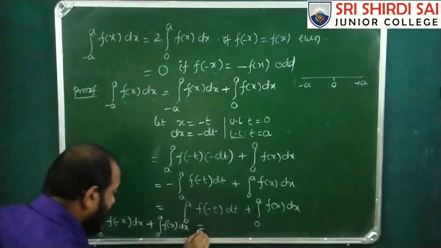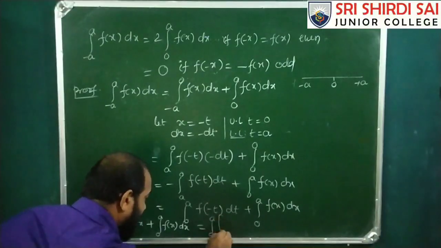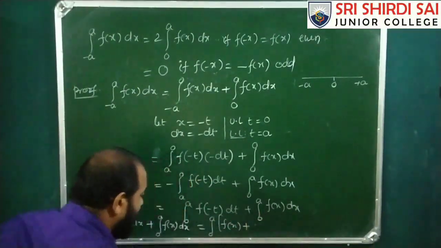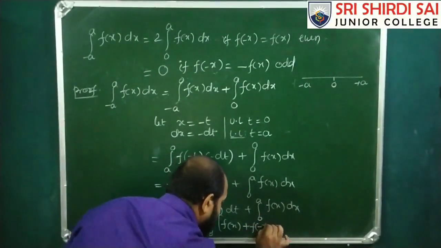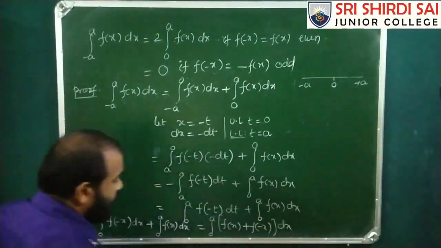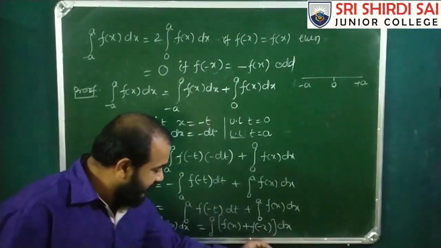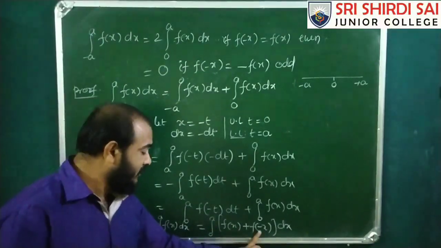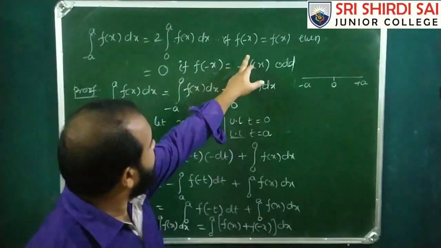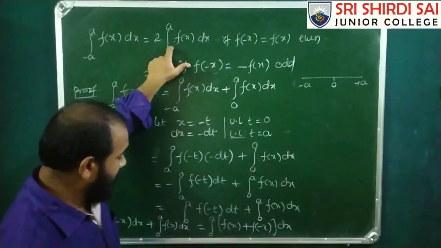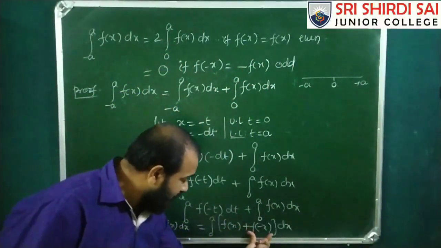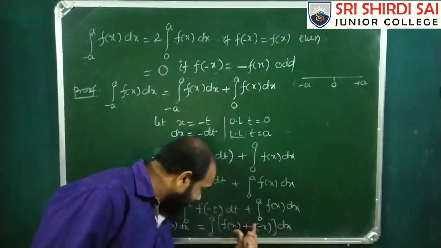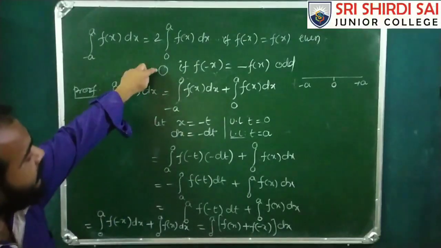That means integral 0 to a f(x) plus f(minus x) dx. So now if f(minus x) is plus f(x), then 0 to a f(x) plus f(x), 2 integral 0 to a f(x) dx. And if f(minus x) is equal to minus f(x), this plus f(x) minus f(x) gets cancelled, so we are left with 0.